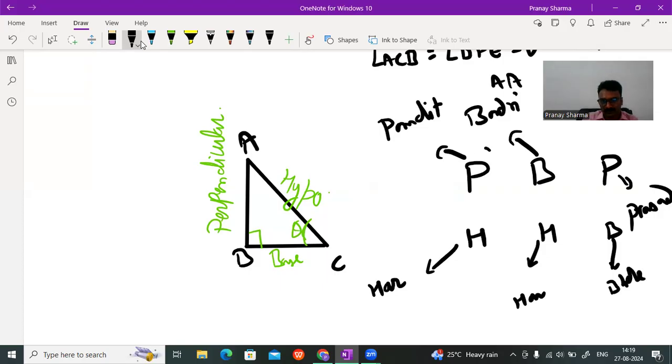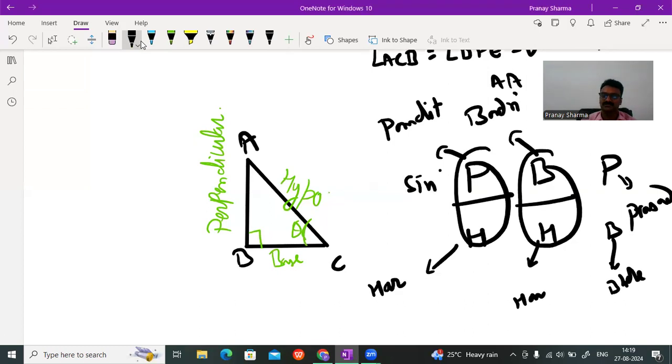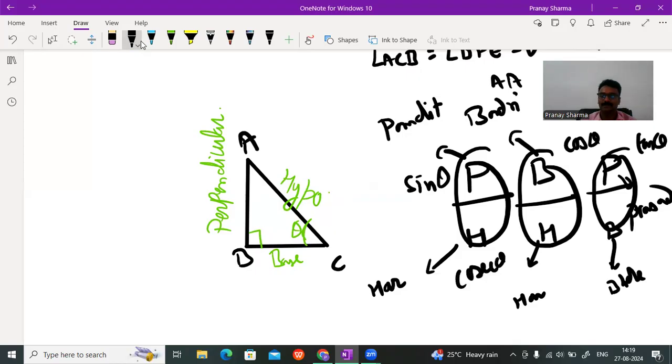Fine. So if you take the ratio of P over H, that means perpendicular upon hypotenuse, this will give you sine. If you take the ratio of B over H, this will give you cosine of theta, and P over B will give you tan of theta. Now, if you reciprocate them, this will become cosec theta, this will become sec theta, and this will become cot theta. I hope it is clear.